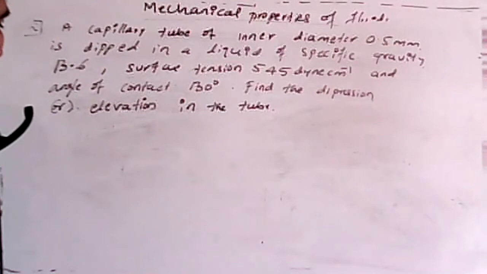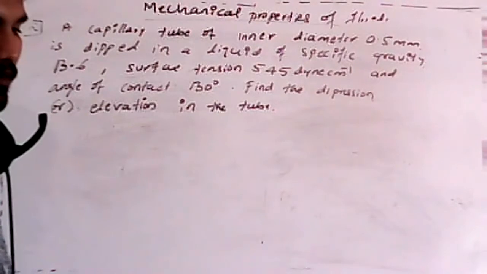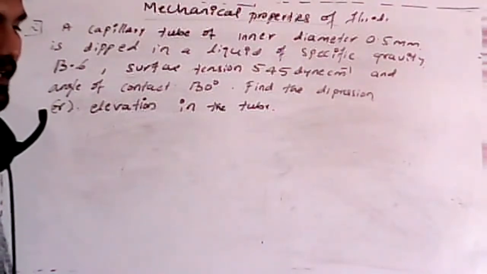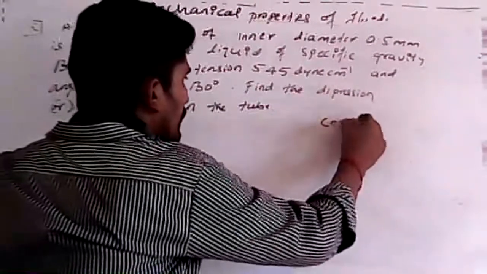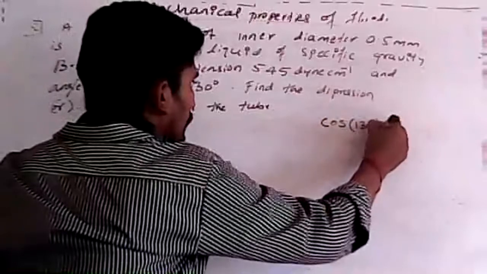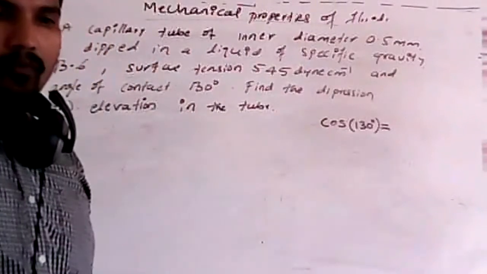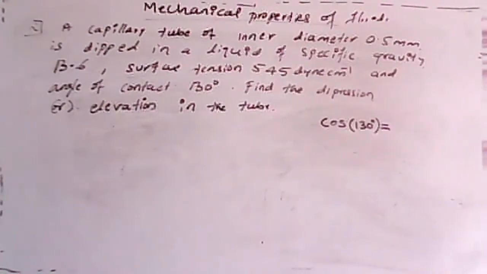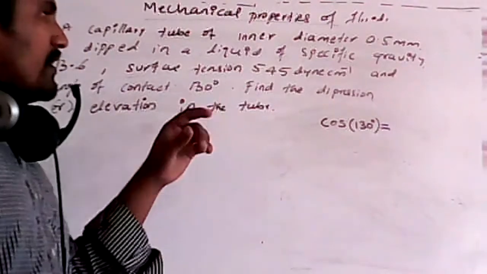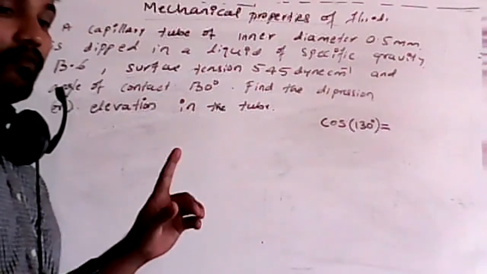Okay, formula, students. I will give you one value here, that is cos theta, cos 130 degree. I hope you know how to calculate this with the help of the log table. Cos 130 degree means cos (180 degree minus 50 degree).